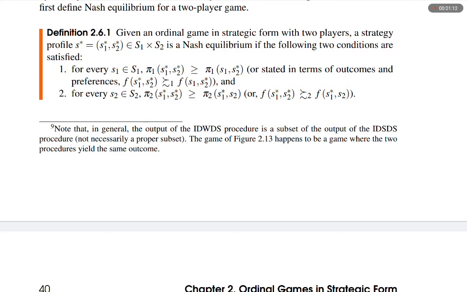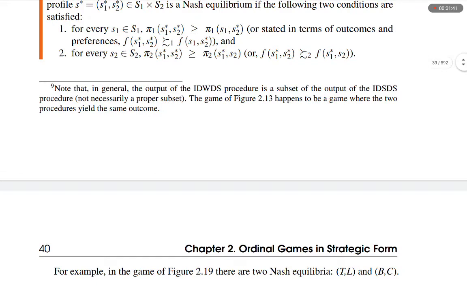For every s_1 in S_1, π_1(s*_1, s*_2) ≥ π_1(s_1, s*_2). Or, stated in terms of outcomes and preferences, f(s*_1, s*_2) is better than or just as good as f(s_1, s*_2) for player 1.